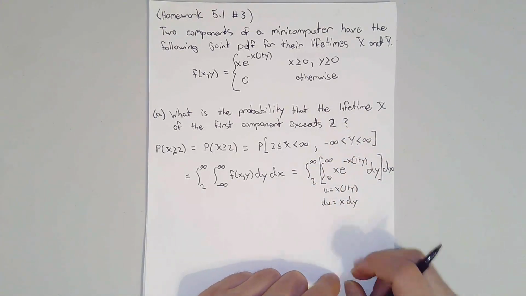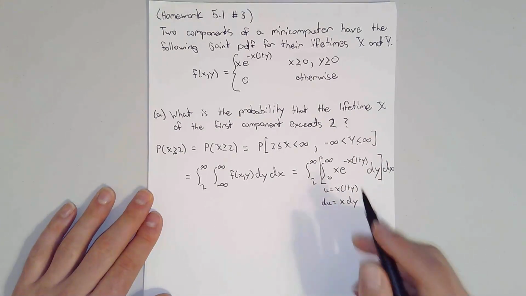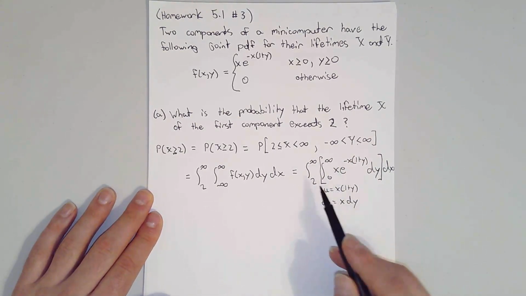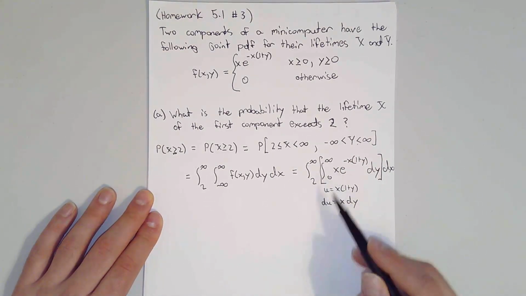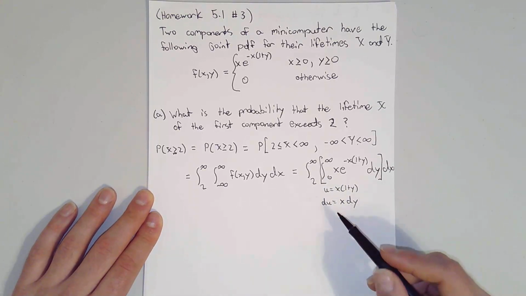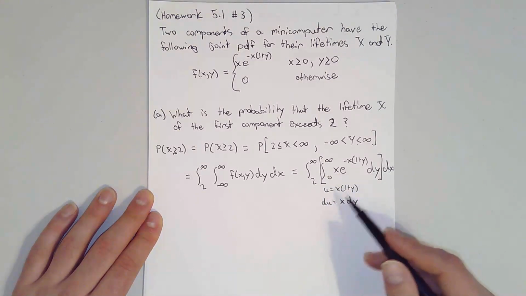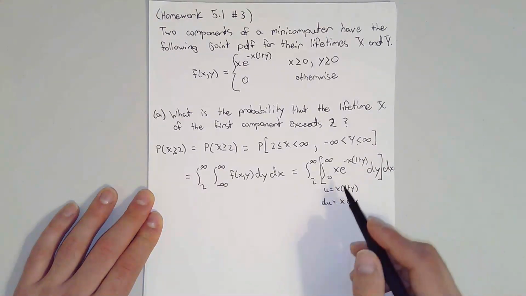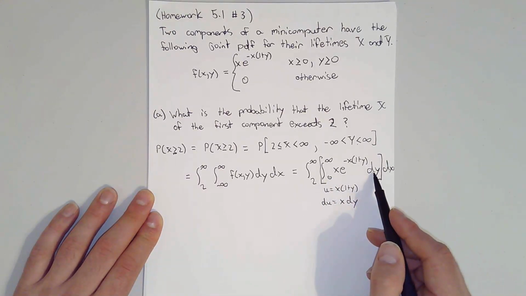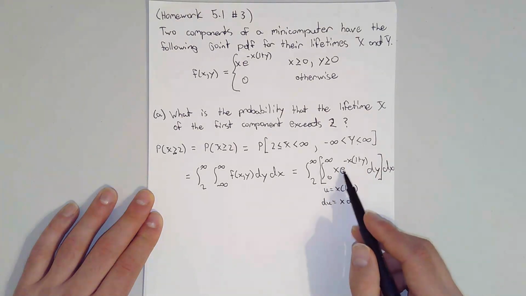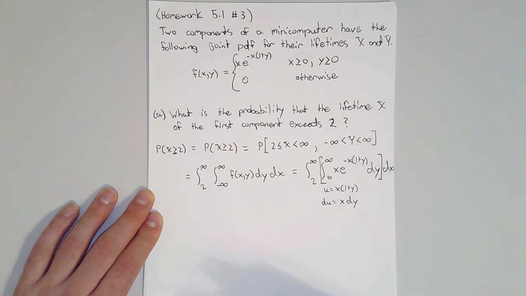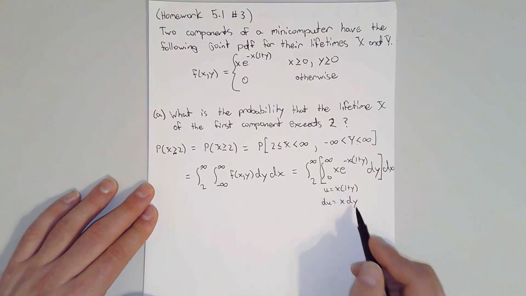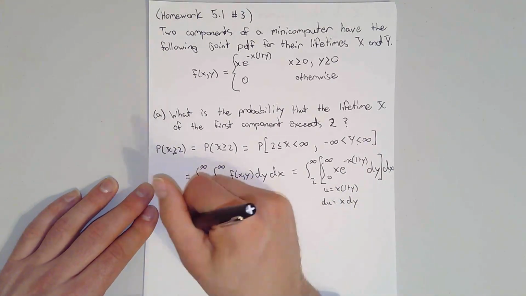I've had a chance to look at this integral, and remember from calculus 2 or from integral calculus that doing these integrals, sometimes you have to try a few different things before you see a good way to evaluate them. In this case, it's a good u substitution because we see x dy sitting in there. We also see e to the negative u. So therefore, substituting our pieces into the following integral, we get the following.